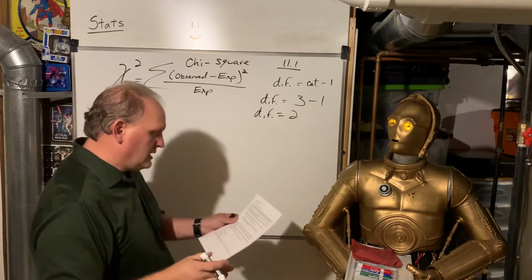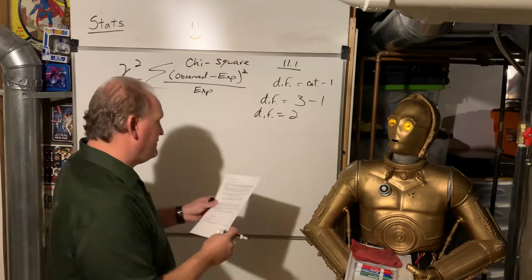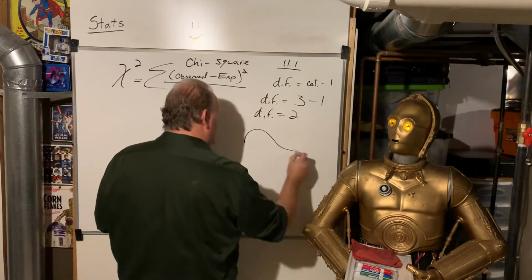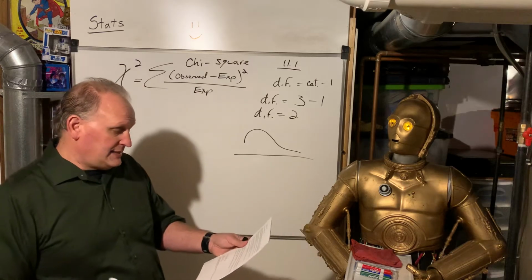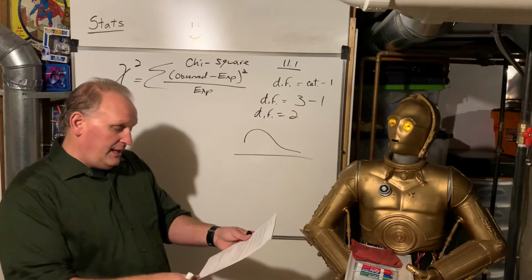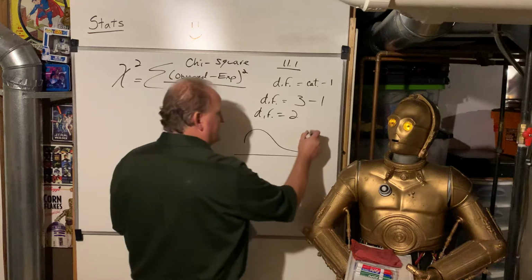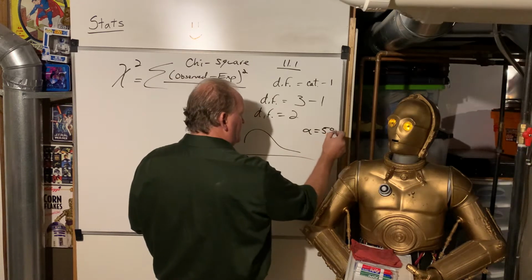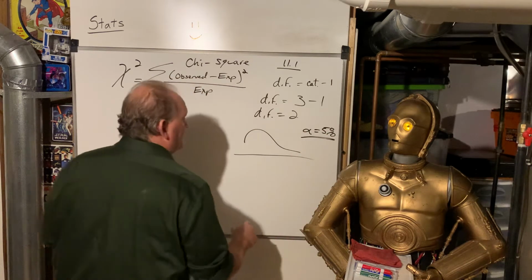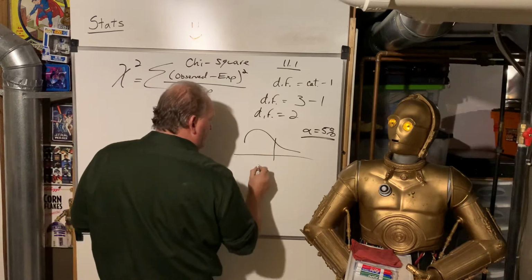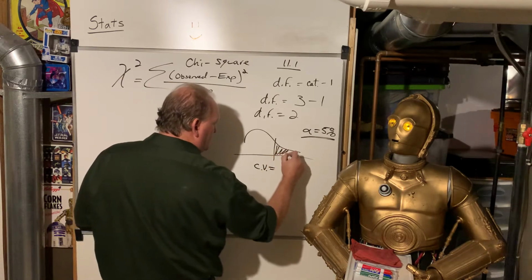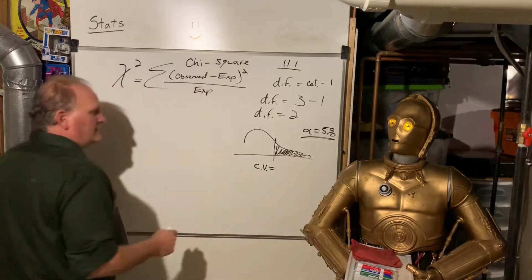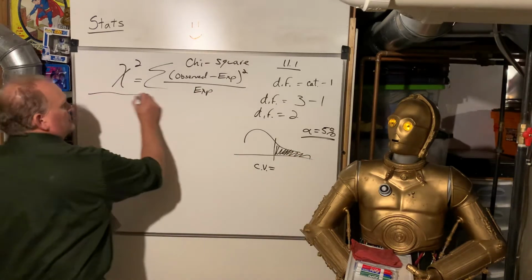And so we can look up the degrees of freedom. It is skewed. But if we were going to do a test at the 5% significance level, they'll give you the significance level, we want to know the critical value, like the cutoff, what we have to beat in order for it to be different between observed and expected.